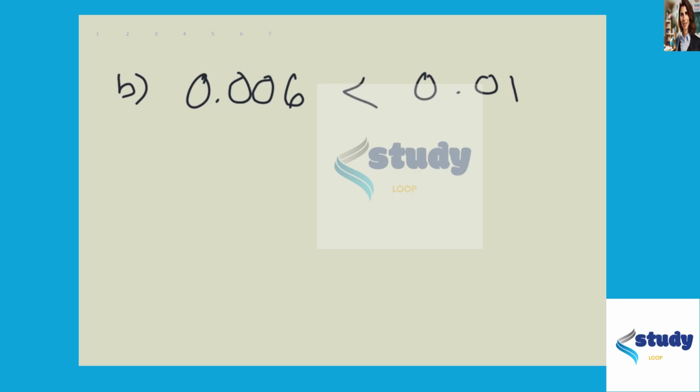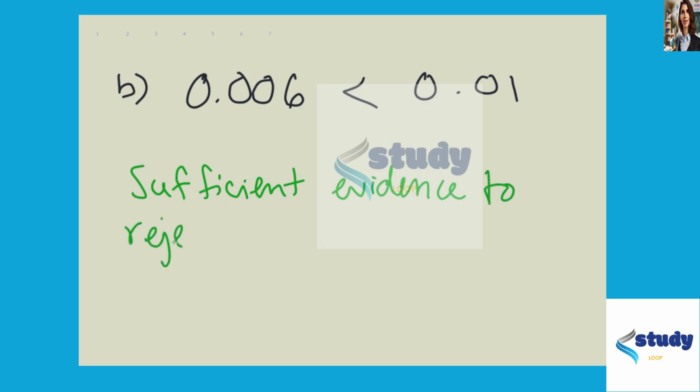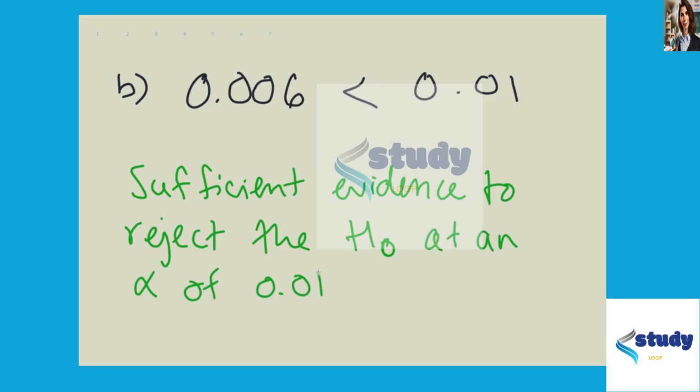So we have sufficient evidence to reject the null hypothesis at an alpha of 0.01 and p-value of 0.006.